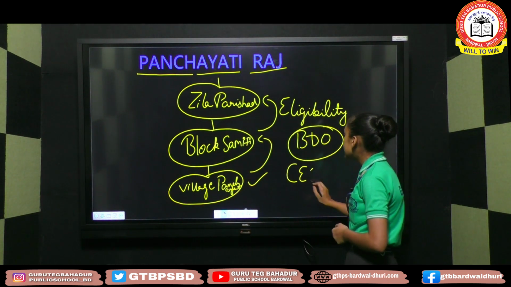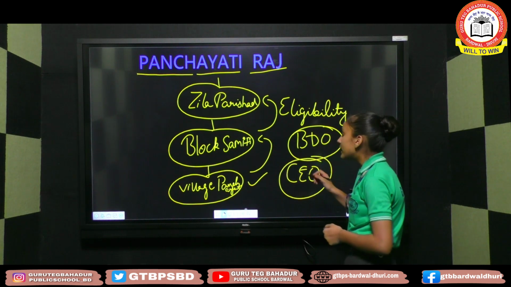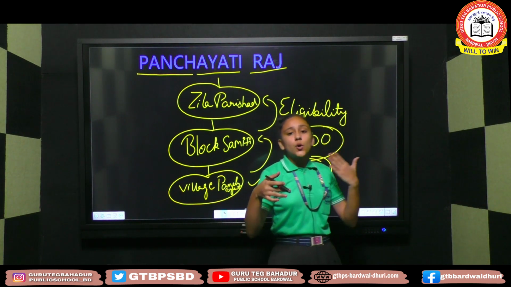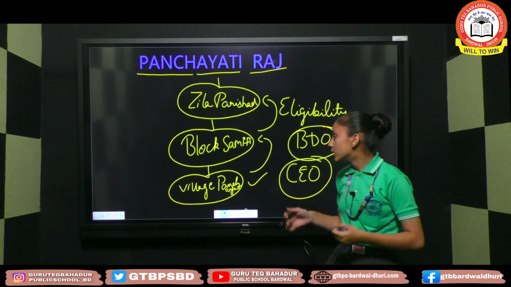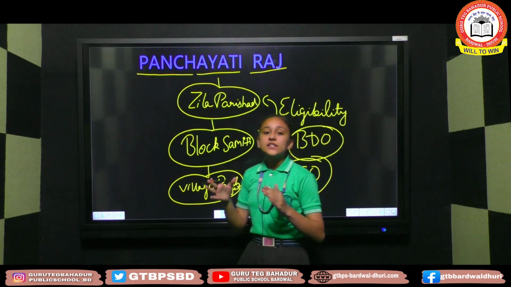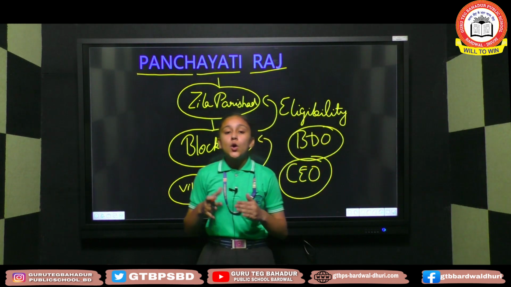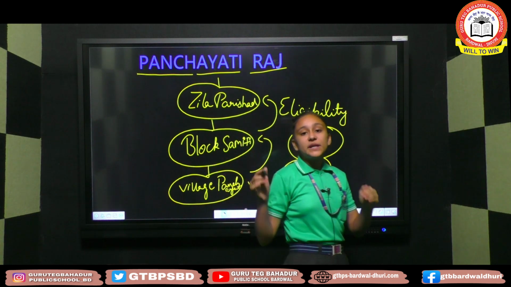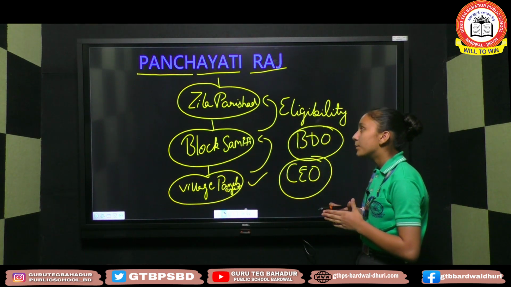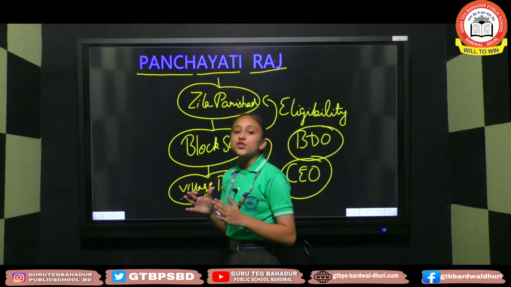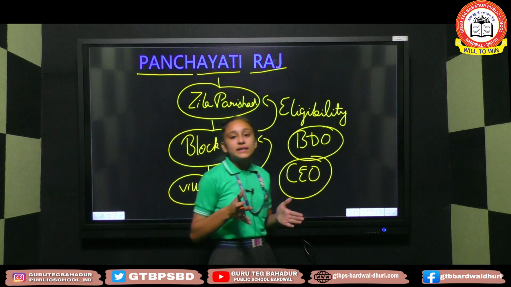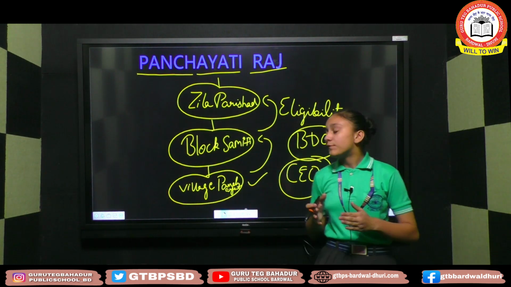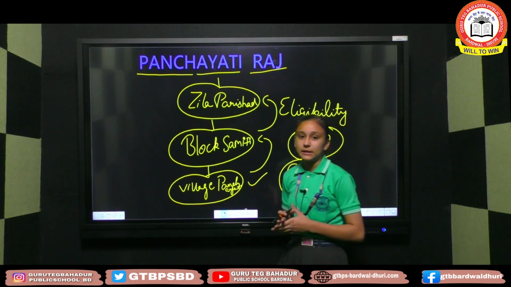There is also a CEO who is appointed by the government. CEO is a chief executive officer who heads the administrative machinery of Zilla Parishad, and the main function of Zilla Parishad is coordinating and supervising the functions of Block Samiti.